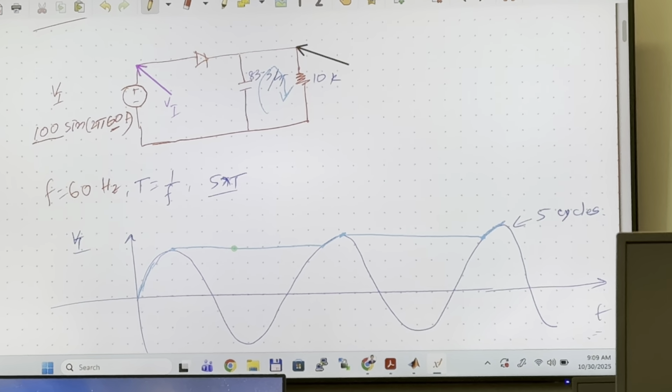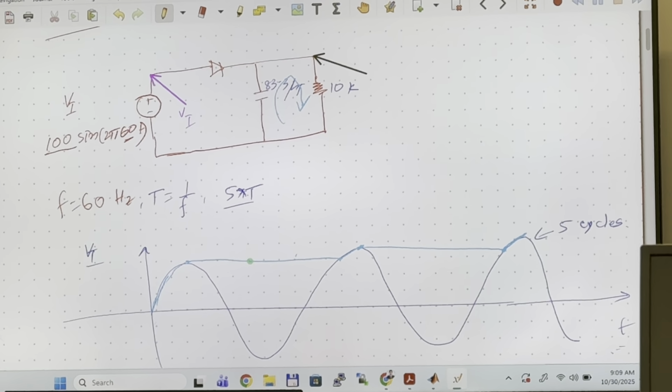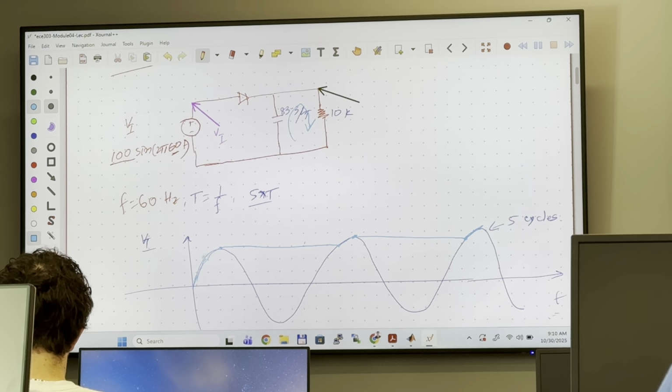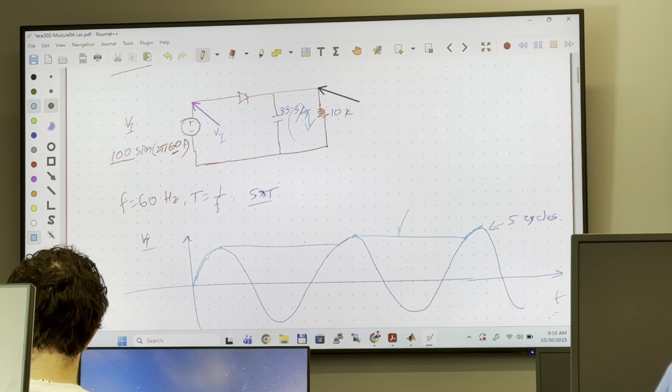This input and output together, these are the two plots that I'm looking for. In one figure, you just show me these two plots. So this is your output, which I call VR.